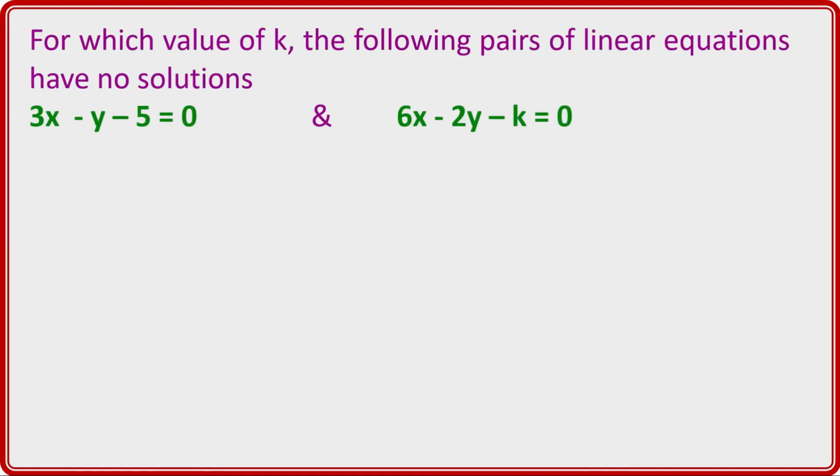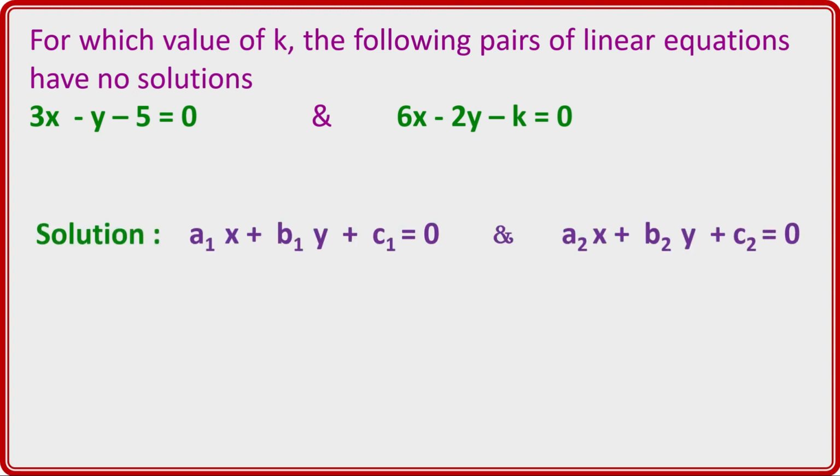So next problem. For which value of k the following pair of linear equations have no solutions? That is 3x minus y minus 5 is equal to 0. 6x minus 2y minus k is equal to 0. Solution.